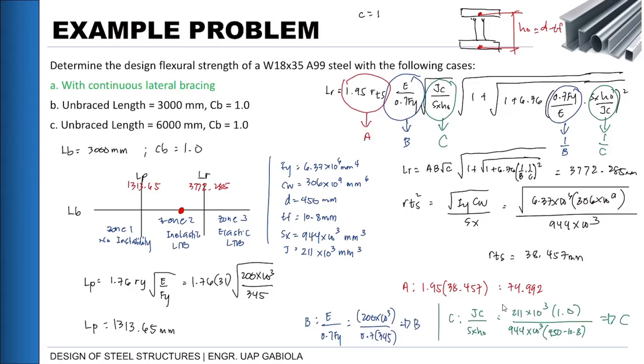So, ibig sabihin, yung LB natin is LP is less than LR or less than or equal to LR. So, meaning tayo ay zone 2. Okay? So, pag zone 2 tayo, meron tayong inelastic LTB, no? Lateral torsional buckling. Okay? So, pag yan yung case, balik tayo doon sa NCP natin. Ayan.